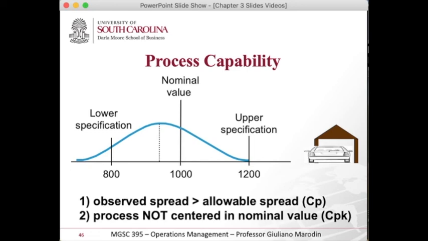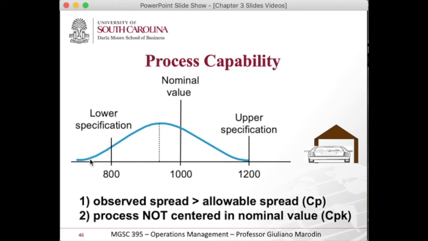And when that happens, what's happening here on this side? Well, everything that's lower than the lower specification limit of the customer, what's going to happen? Yes, it is defective products. So all of this are defective products.